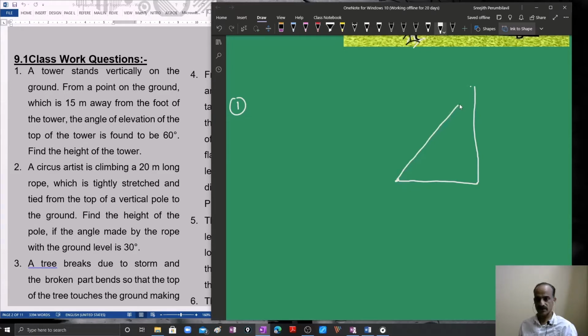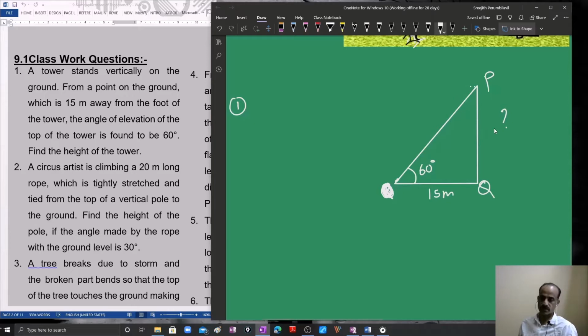So PQ be the tower, and O be the observer. The angle of elevation is given to be 60 degrees and this is given to be 15 meters. Find the height of the tower. This is what is given. This is what is asked.